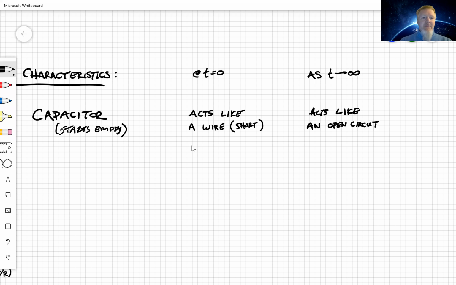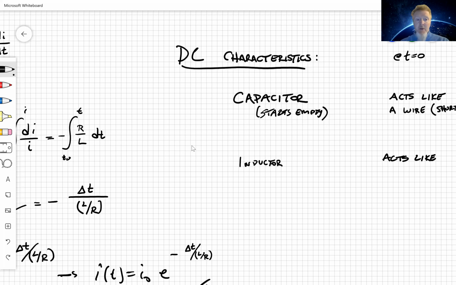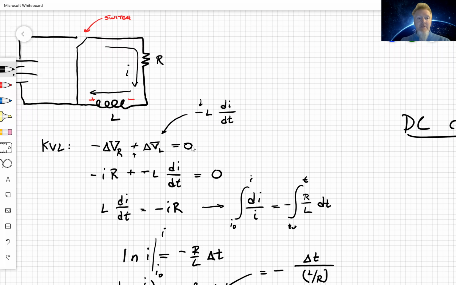Okay, if we look at the inductor, and likewise, it starts with nothing in it. At time equals 0, what is it acting like? So when I shut the switch to the battery, let's go back over here and look at the circuit where I've got the inductor.